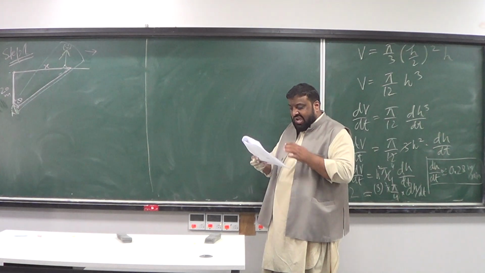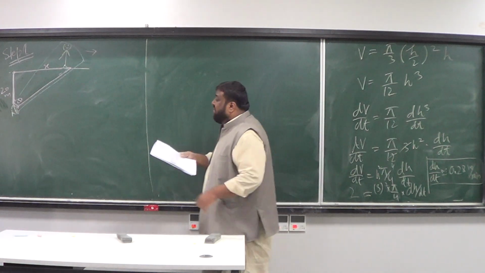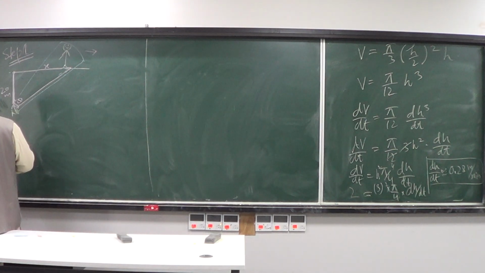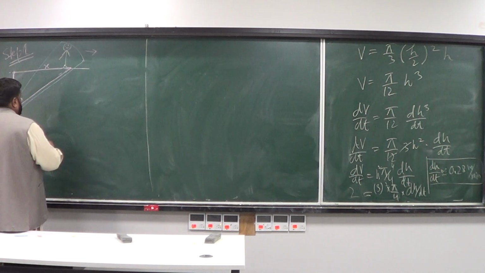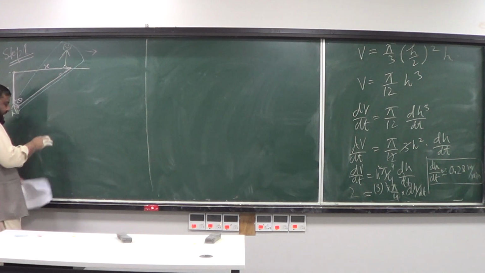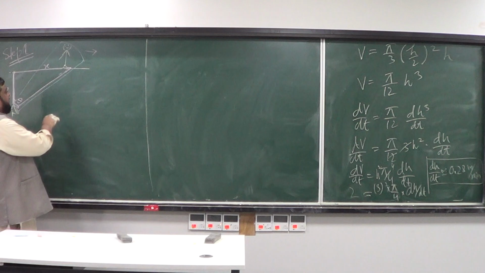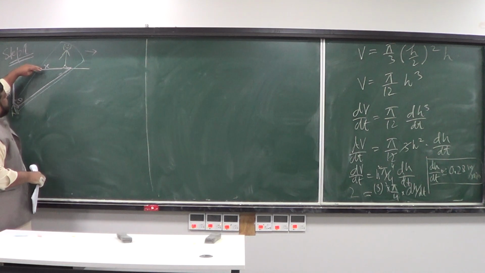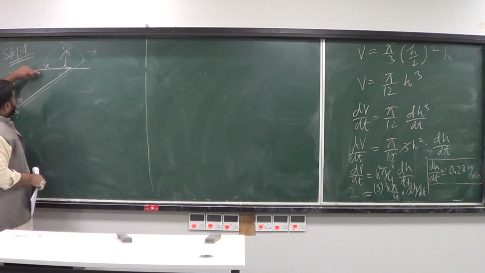Now the question is, what are the quantities that I'm interested in? I have read the problem, and the quantities that I'm interested in are these two quantities, x and theta.